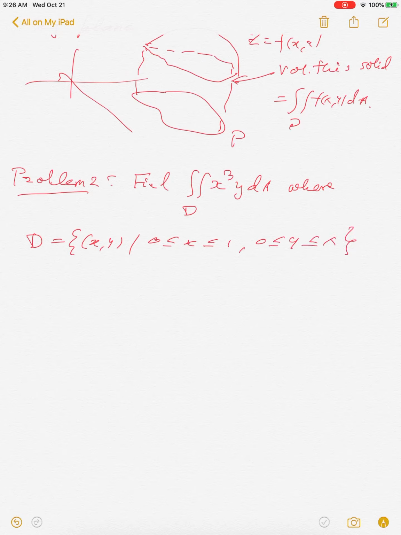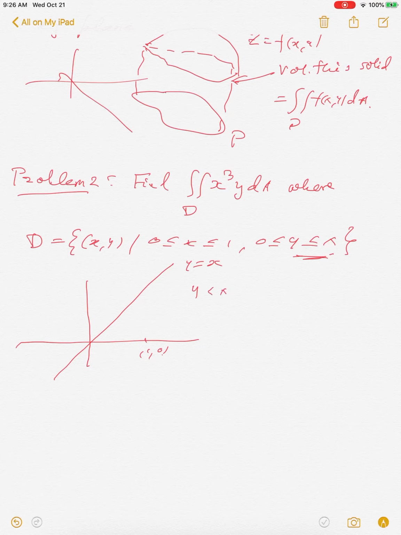So as I said before, the first thing is a picture of D. So y equal to x is this line, and I want things which are less than x. You can take a point, for example, if this is (0.1, 0), your y is less than x.